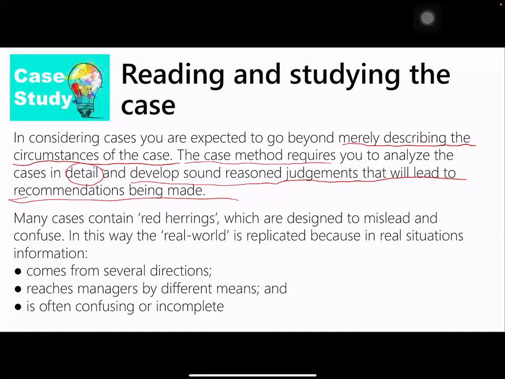There will be instances when you feel that you do not have all the information you need to make the best decision. The information presented in the case, however, is often incomplete by design and again reflects the situation pertaining in the real world. Managers often have to make decisions based on the information available to them at the time.